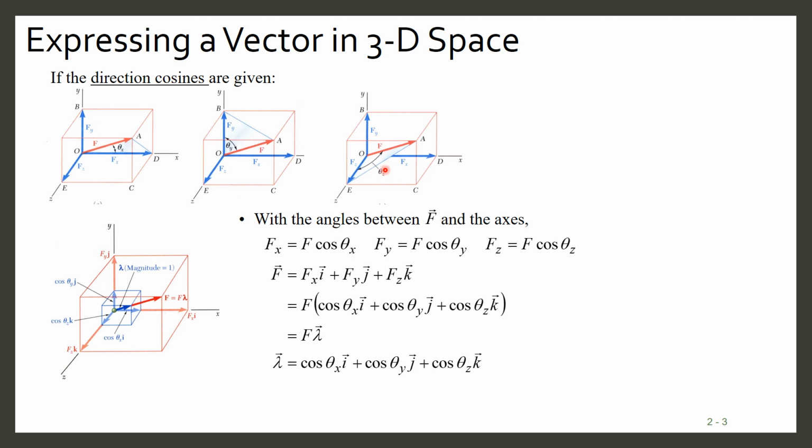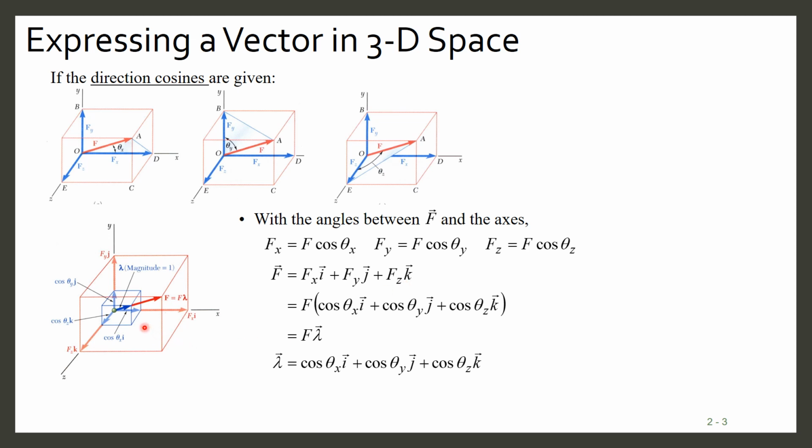So we know all three angles of this vector. Now we can easily resolve into components. Fx will be F cos theta x, Fy will be F cos theta y, and Fz will be F cos theta z. And also we can write F is equal to Fx i plus Fy j plus Fz k, in the form of unit vectors, which we learned in the previous video.